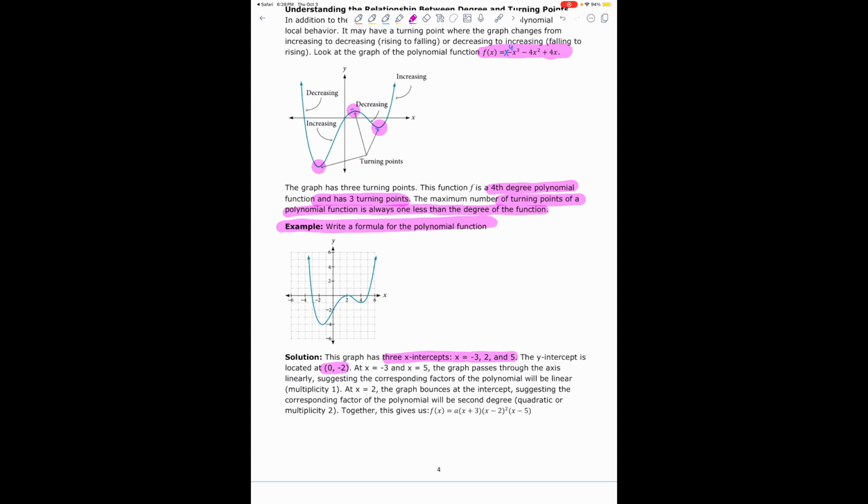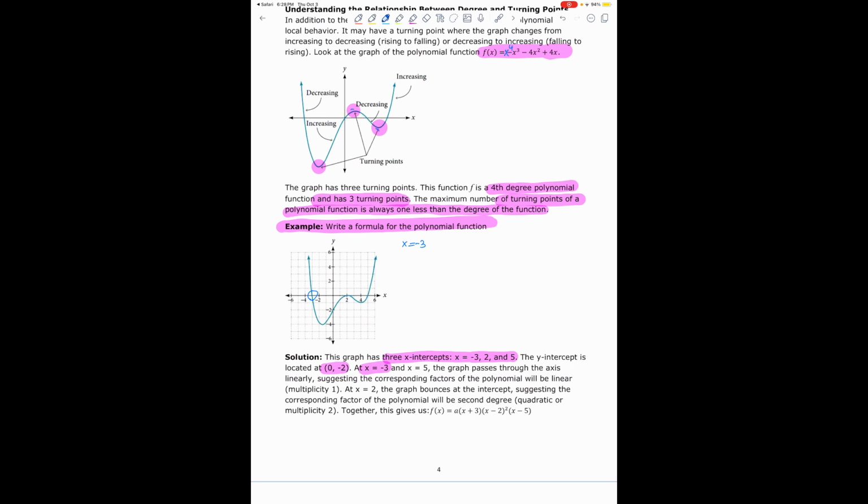If you look at the first x-intercept, that is x equals -3. This has a multiplicity of 1 because the behavior of the graph is similar to the behavior of a linear function.